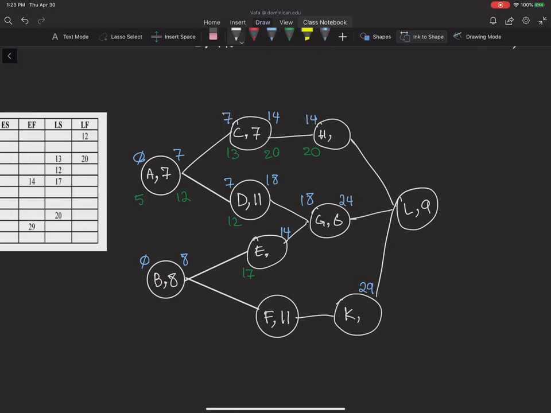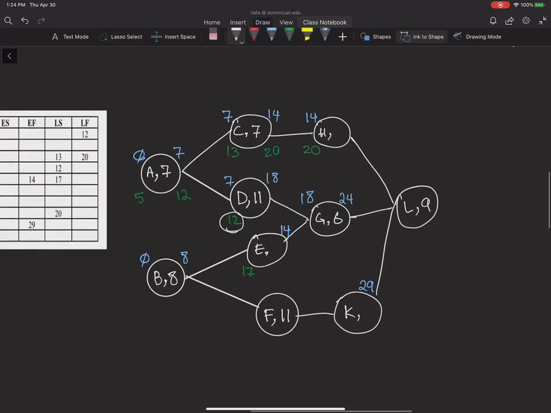Also, if you look at activity D, you see that late start here is 12 and duration is 11.